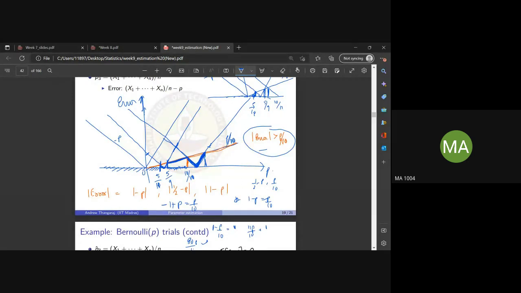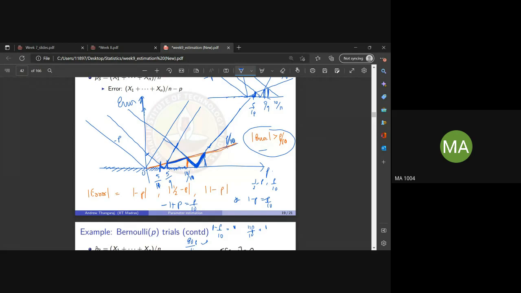Okay, what after that? Ma'am, here I am confused. Can you explain again? Which part? Can you tell me? You take minus 1 plus p equal to p by 10, from the right hand side you take minus p. Because you see that even here the error is greater than p by 10.